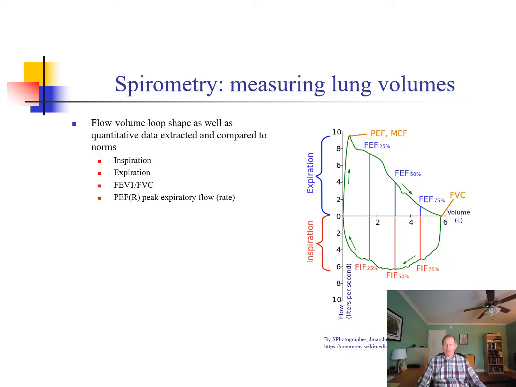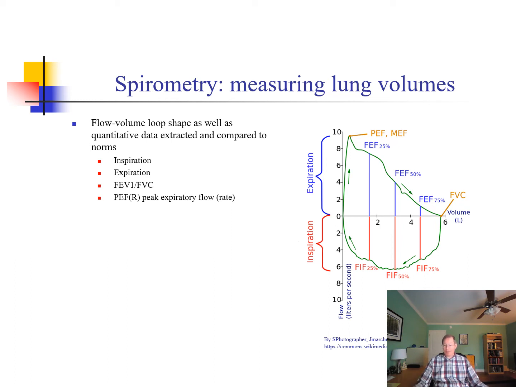So what happens is that when you are doing spirometry and you're breathing in and breathing out, you're measuring this flow as a function of time, which you can then convert to volume. And so we have two loops. This bottom loop in red is during inspiration. And inspiration in spirometry is normal.